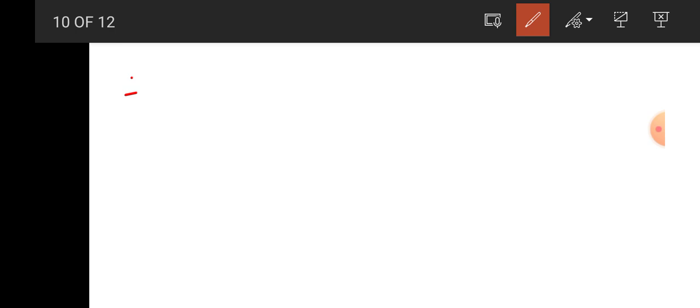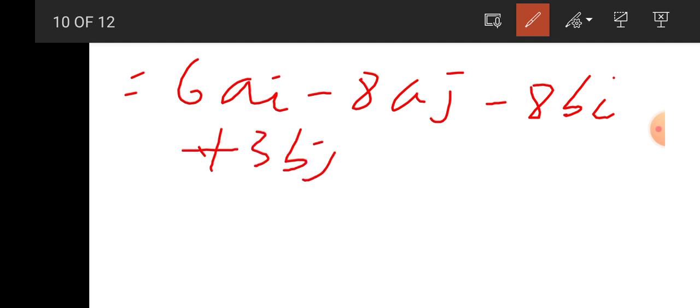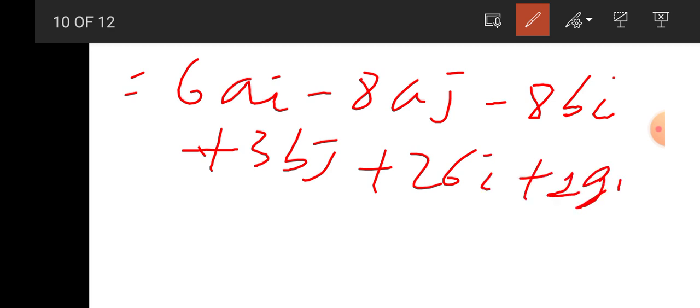Therefore, this is equal to 6A in the I minus 8A in J minus 8B in I plus 3B in J plus 26 in the I plus 19 in J, which is equal to 0.